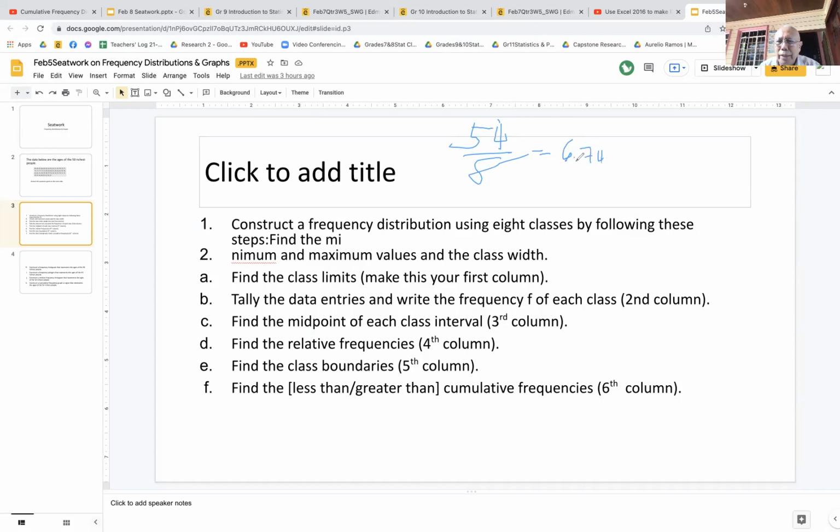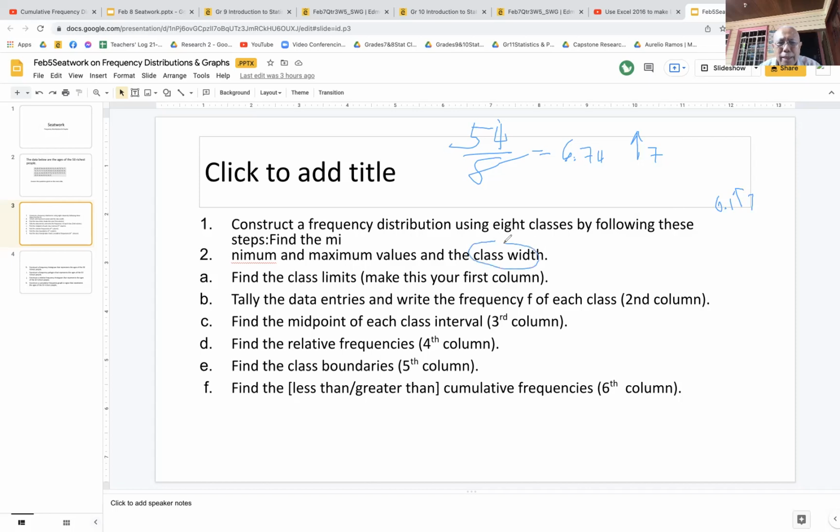Remember, if there is any decimal after this number, we always have to round up. So this one now will become 7. If you got a 6.1 and you round that up, that will still be 7. So the class width will be 7.